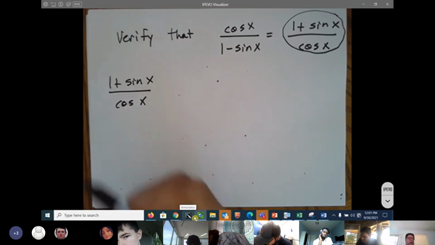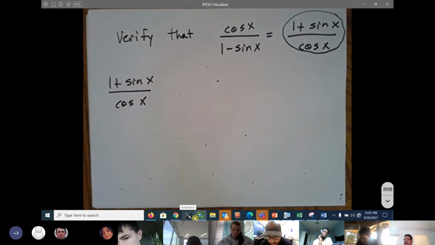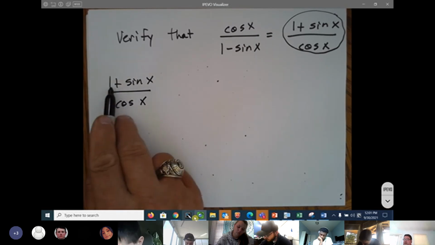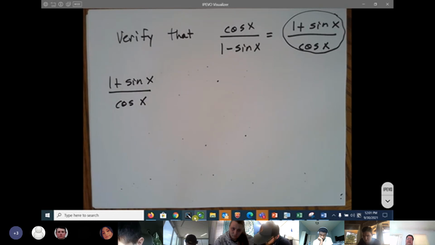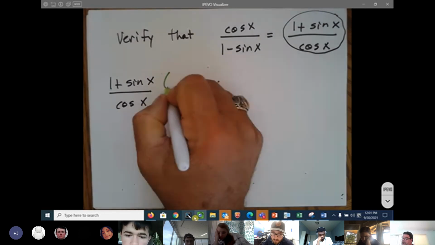Well, Hubert, they already in cosine and sine. What are you going to do? Well, you see this right here, 1 plus sine of x. I'm going to multiply by the conjugate. I'm going to multiply by 1 minus sine of x.